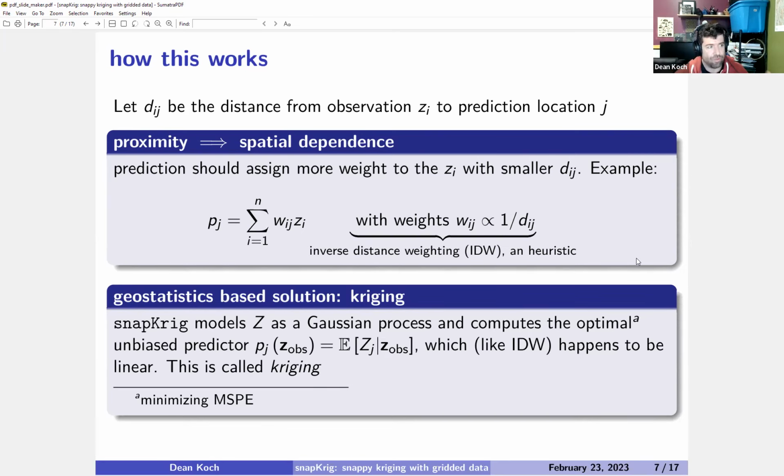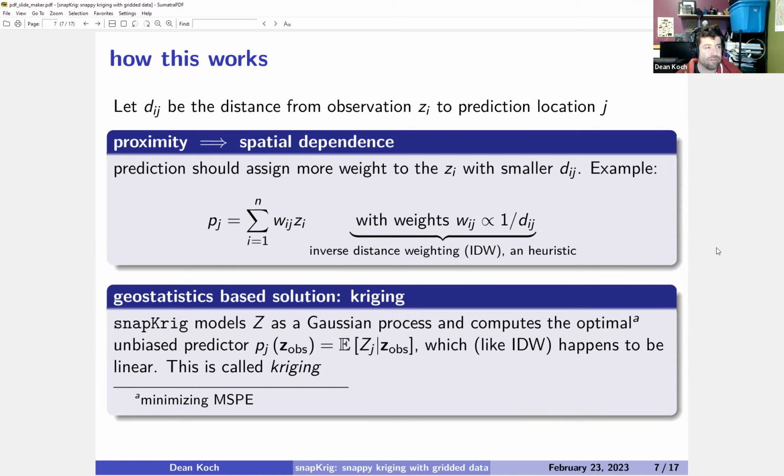But there's a whole theory behind kriging and this idea of proximity introducing dependence. And in short, the theory says we should be assigning more weight in our predictor to the observations that lie closer to the point we're predicting at.